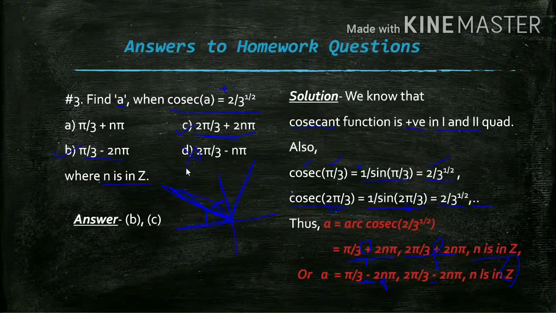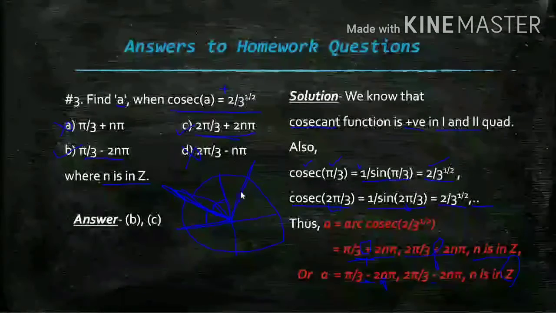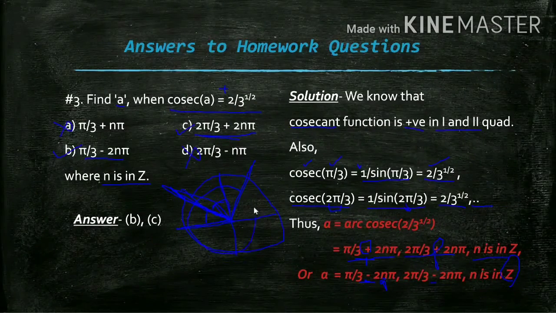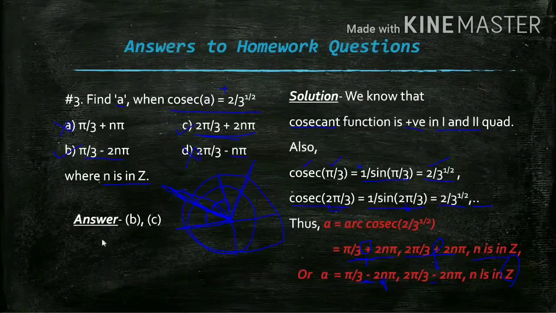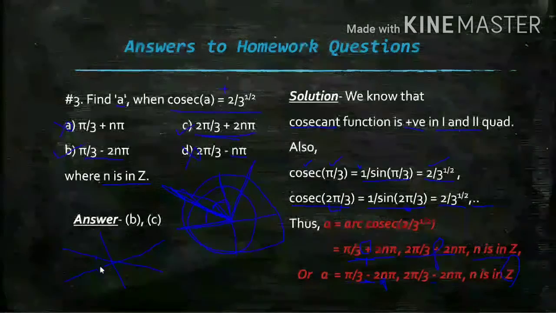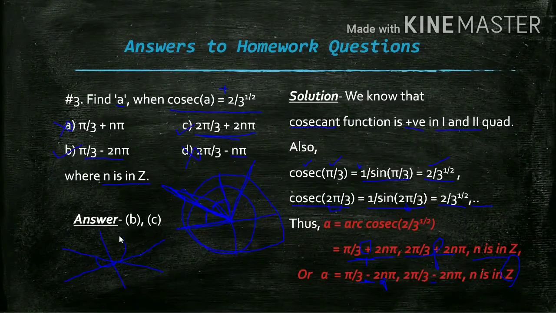It can't be n pi because it is repeating after 2n pi. That means it completes one full rotation, then repeats. It would be n pi in the case when we have the values lying in the opposite quadrant, like this. When the value is lying in this quadrant, then it repeats after a value of 180 degrees.